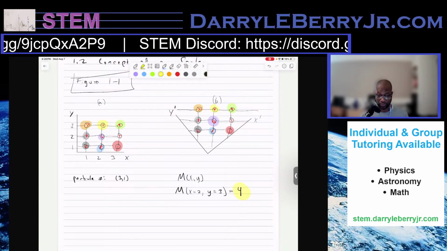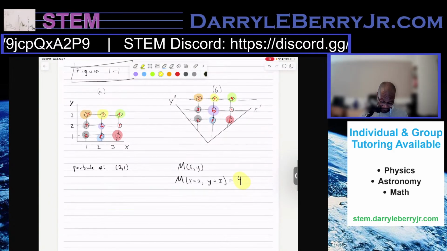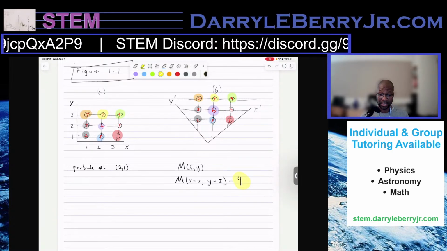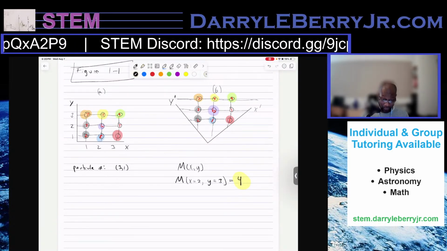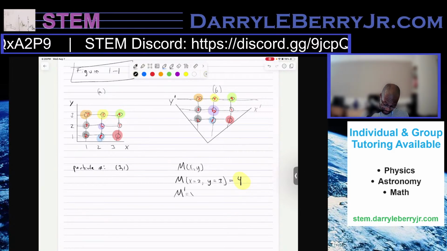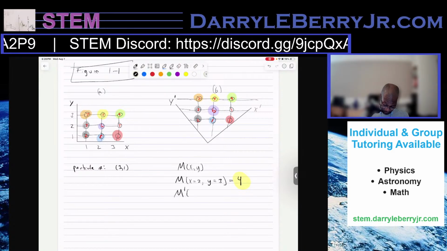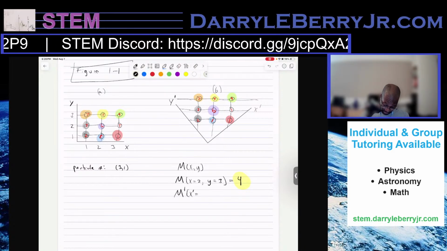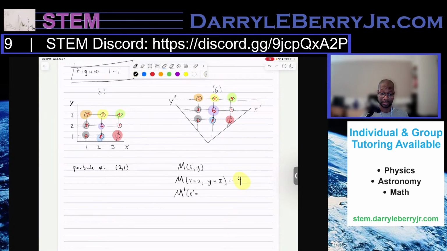Now consider the axis rotated and displaced in the manner shown in B. The foreground mass is now located at x prime 4, so I guess I should say m prime equals x prime equals, oh, so let me put the numbers on the axis here.